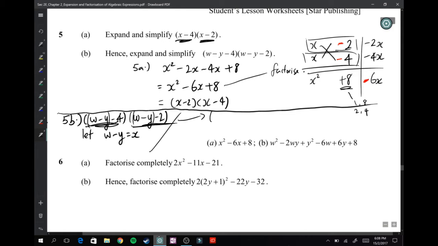So something like this will happen. Maybe this isn't very clear for you, so let me rewrite it nicely. So we have w minus y minus 4, right? And w minus y minus 2, right? And this will be when we let w minus y equal x. This is actually going to happen.